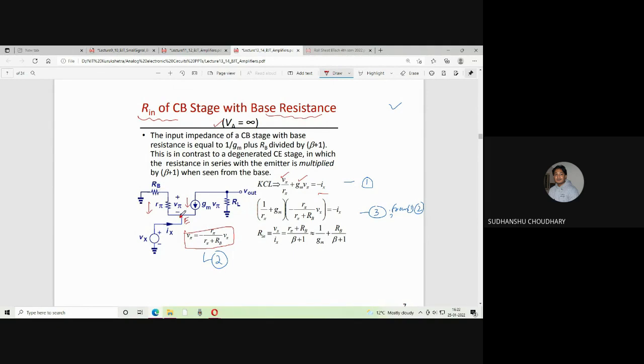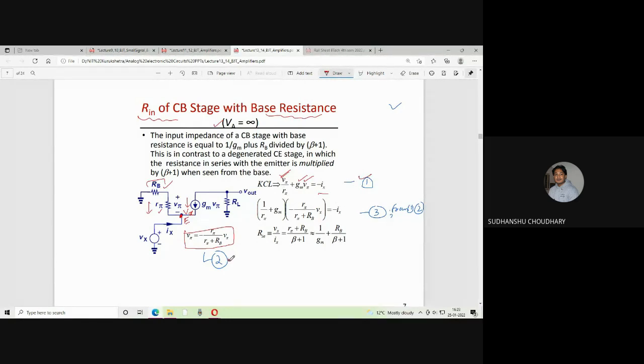If at this point we have Vx, then Vx is distributed across Rb and R pi, so V pi can be written as R pi multiplied by Vx divided by R pi plus Rb. So this V pi can be used here, and Ix can be modified.